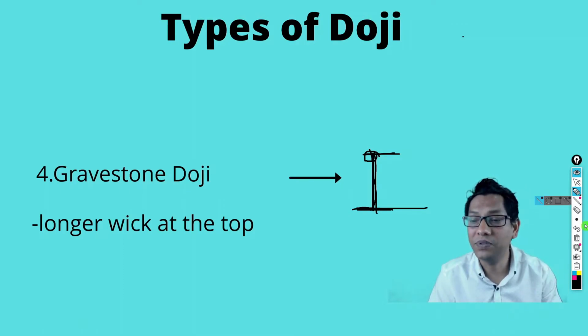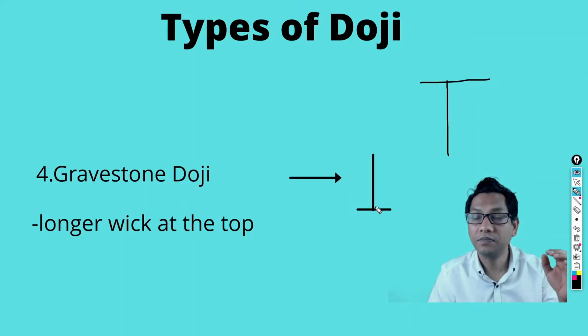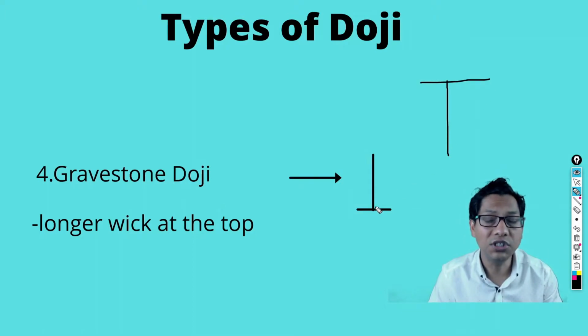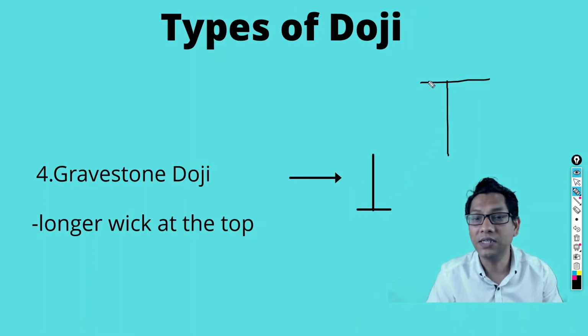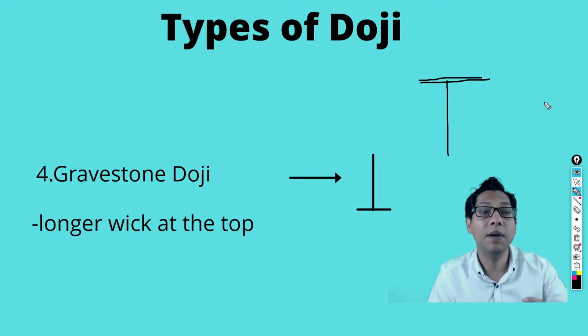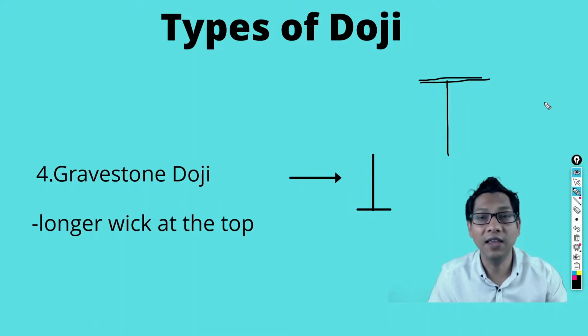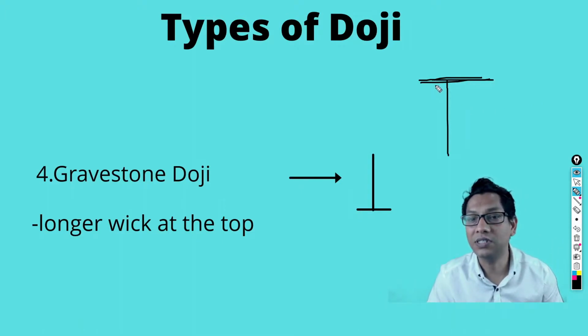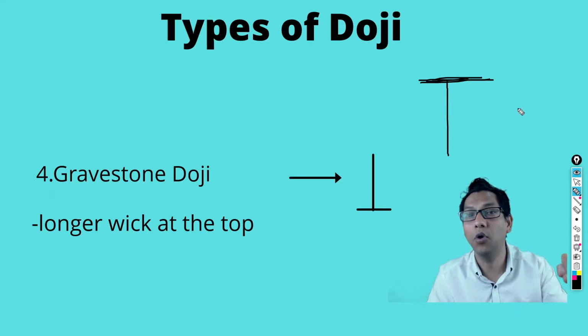Now I sometimes find it difficult to differentiate between a dragonfly and a gravestone doji. So how I remember is, dragonfly has its body at the top: I remember fly, flying in the sky, so sky is at the top, so I remember the body is at the top.